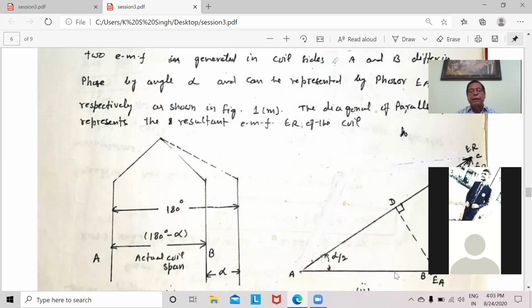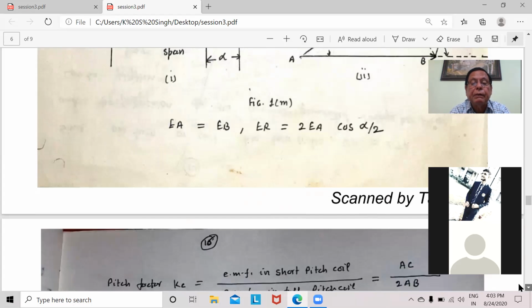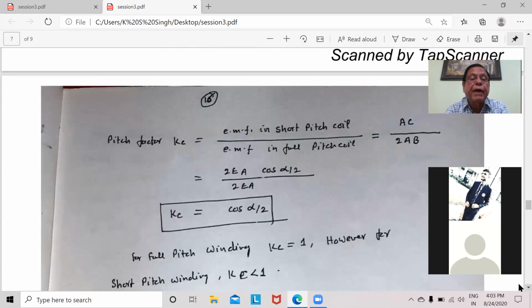How will we calculate this factor? The pitch factor Kc is equal to the EMF in the short pitch coil upon the EMF in the full pitch coil. So AC upon 2AB.